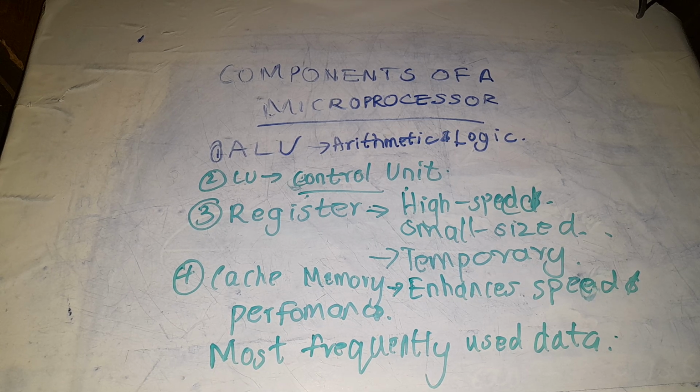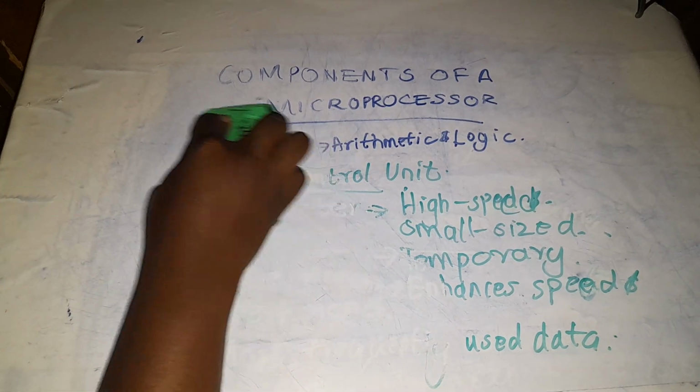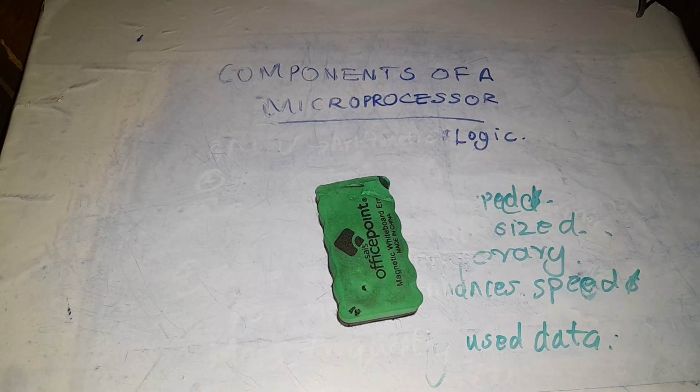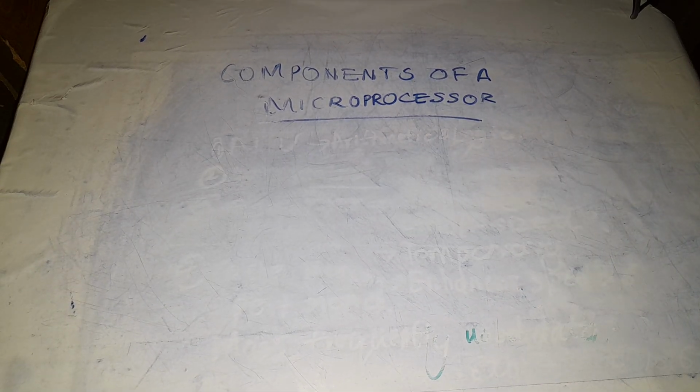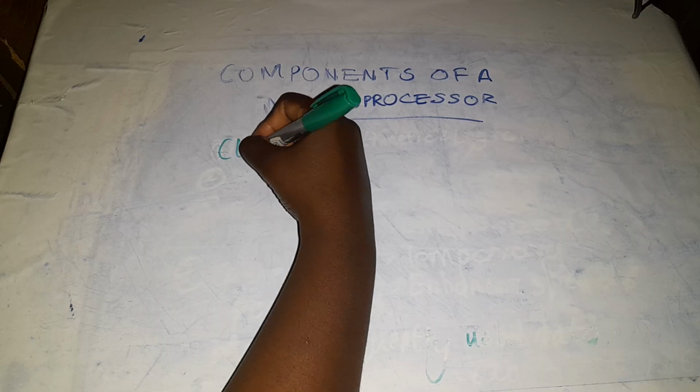Among the other components of a microprocessor that you're going to see with the Intel 886 is something called a clock generator.